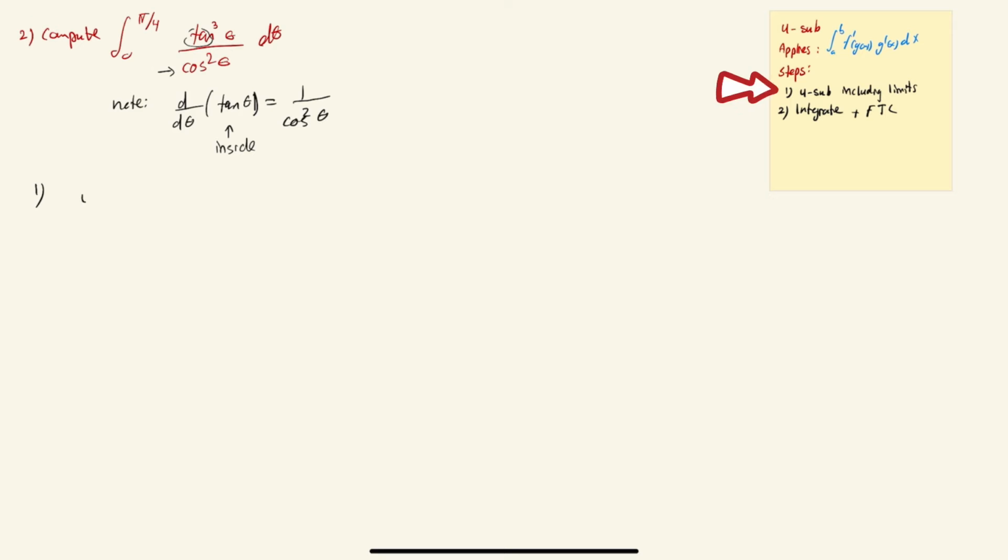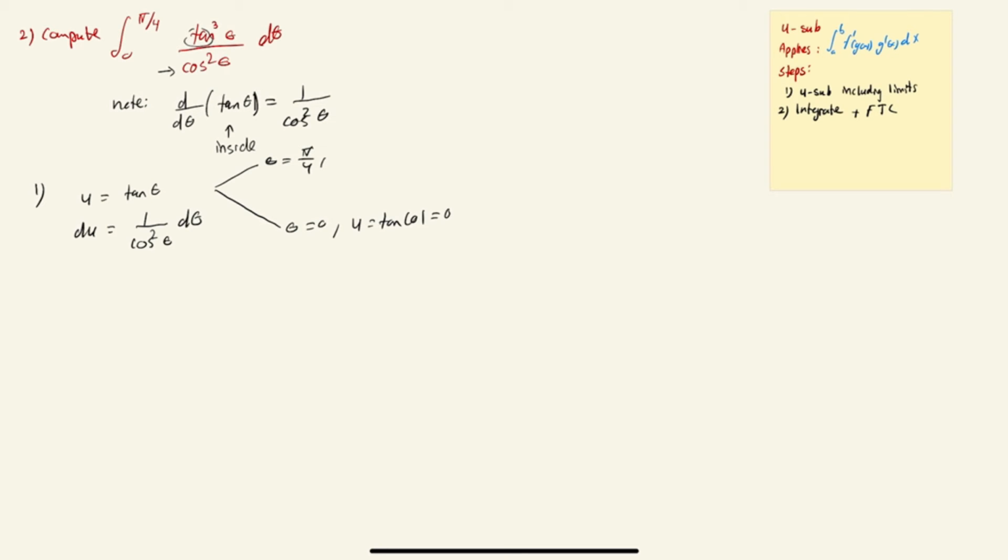So the first step, u is equal to tan of theta, and du is equal to 1 over cosine squared of theta d theta. Now for the limits, for theta here we have 0 and pi over 4. We want to write them in terms of u. In the case of 0, u is equal to tan of 0, which is equal to 0.